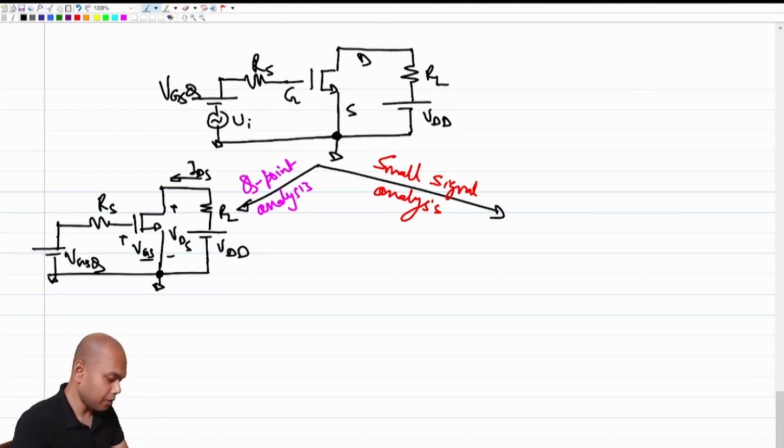You will essentially replace all the nonlinear elements with their incremental equivalent, right? The incremental equivalent of our MOSFET is the incremental equivalent of the two-port network. Given the current voltage equations of the MOSFET in saturation, we know that the incremental equivalent is this.